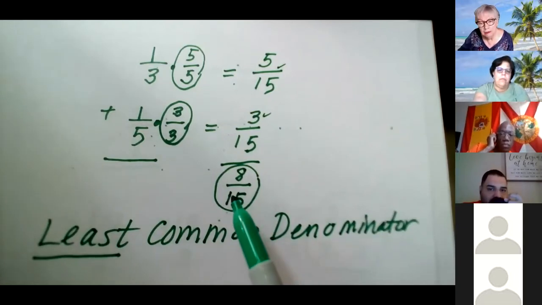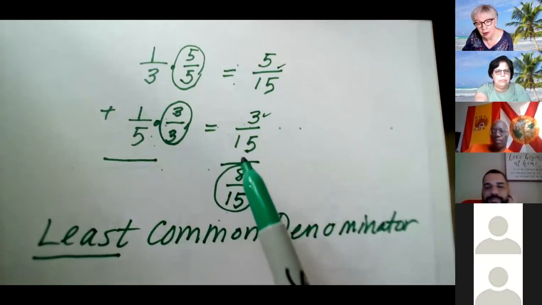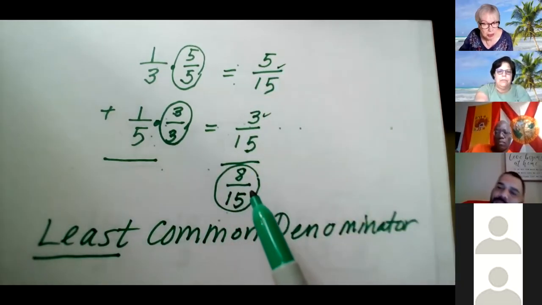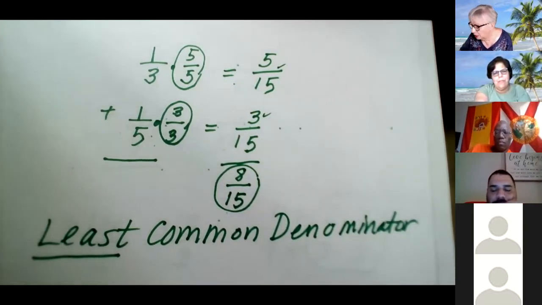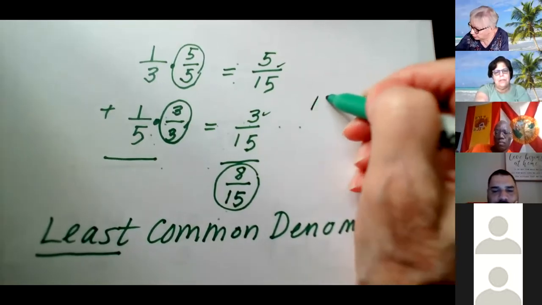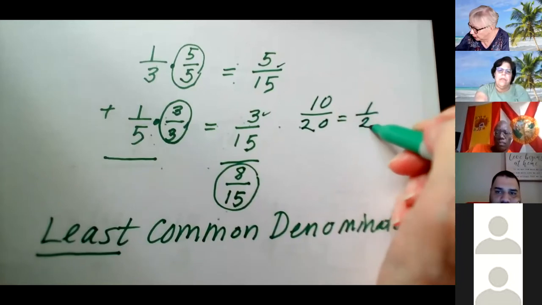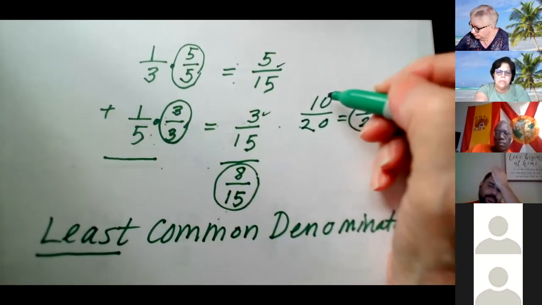There's no guarantee that when you add them, that's the reduced answer, so you have to reduce it. So if somehow you get 10 over 20 for a final answer, you would say my answer is 1/2.